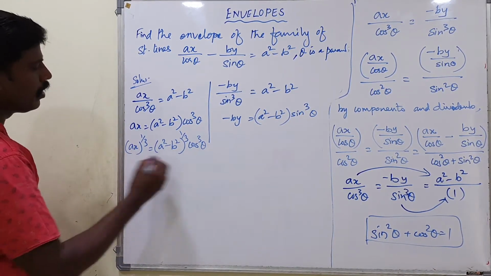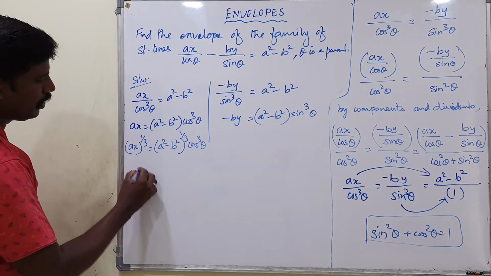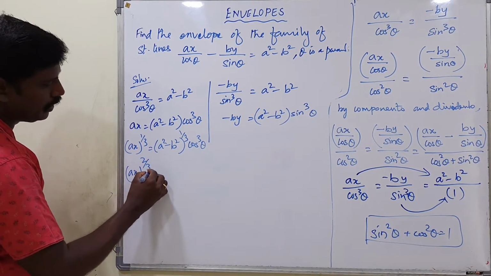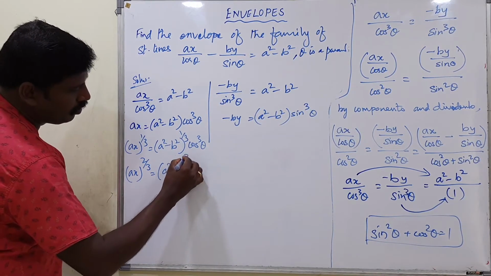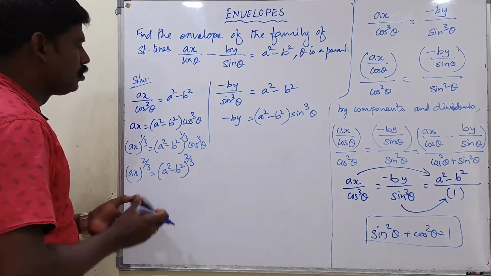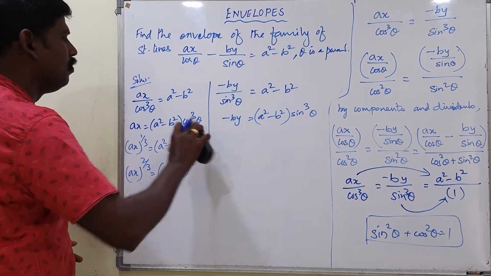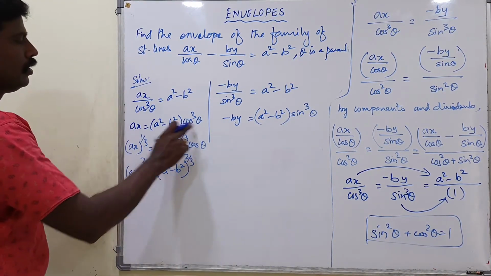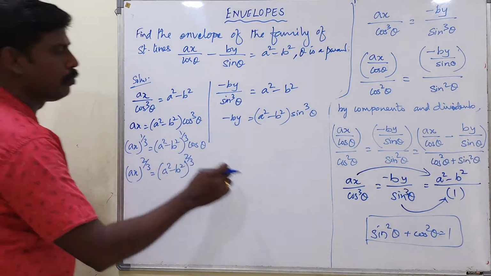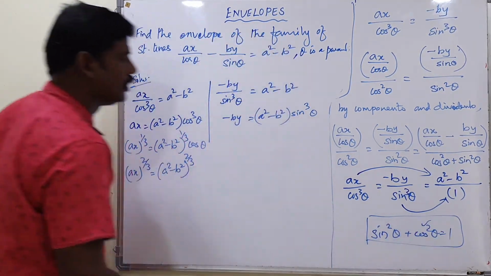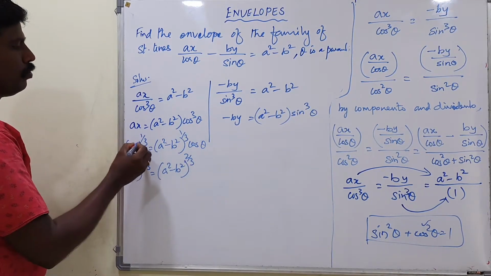Right? Taking squaring on both sides. Sorry, taking cube root, this cube will be eliminated, isn't it? Right? This is ax equal to a square minus b square into cos cube theta. I am going to find the value of cos square theta. That's why I am taking cube root on both sides.